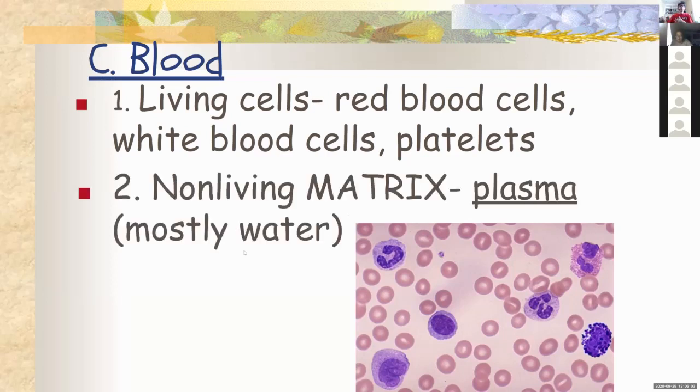The non-living part of blood is mostly water. We call it plasma. You may have heard that word before, especially around coronavirus treatments. There's a treatment that they use in the hospitals for people who have COVID-19.